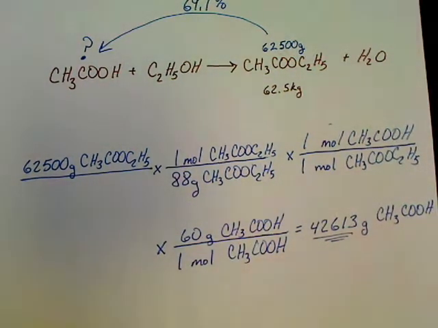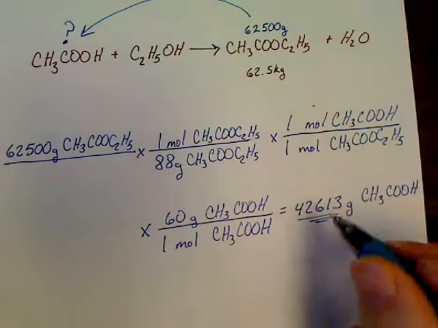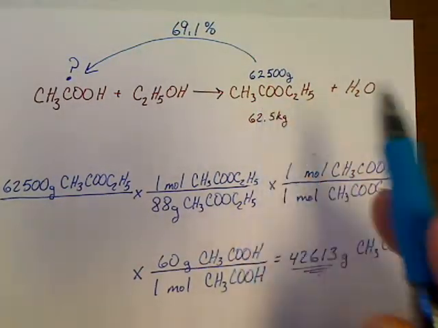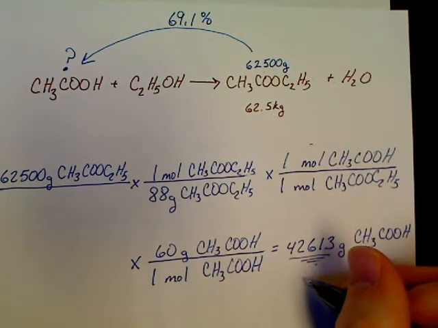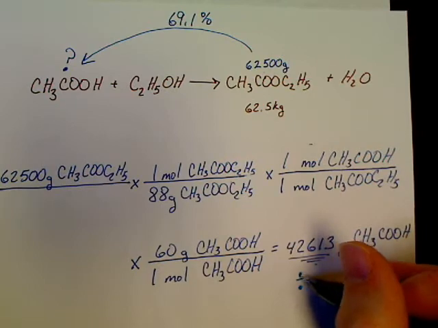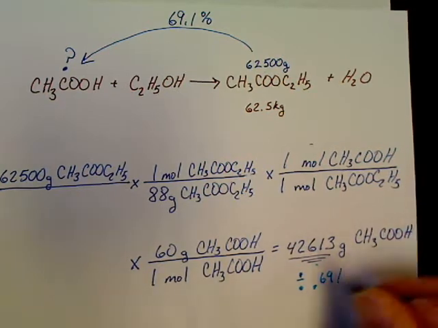Y'all, it's a very easy thing to compensate for. I need to use more of this in this problem. So all I'm going to do is take this number, and all I got to do is divide by 0.691.